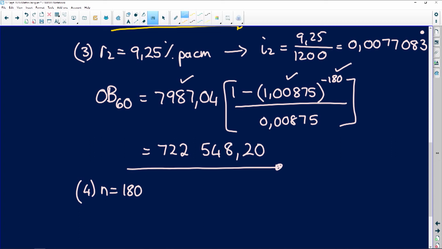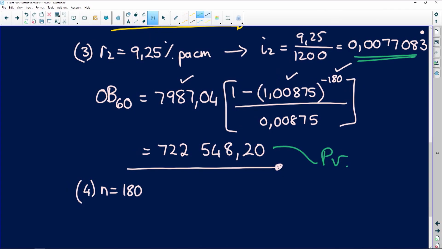Then this here is our new present value of our loan. That there is our effective rate that we're going to use. And let's call this new regular payment Y Rand. So we've got to pay Y Rand a month for 180 months for the remainder of this period.